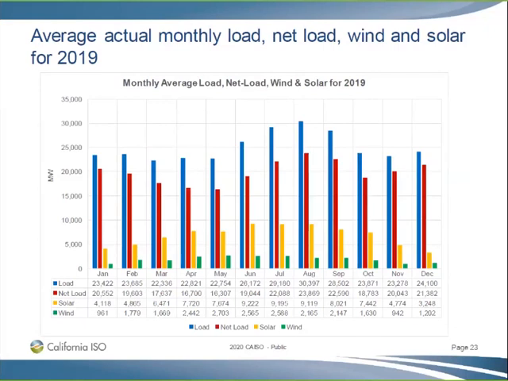A couple of things here that are pretty interesting is your solar production. Your maximum solar production, which I think everybody knows, occurs during the summer months, and then you see, like, December and January, your solar production is another story.